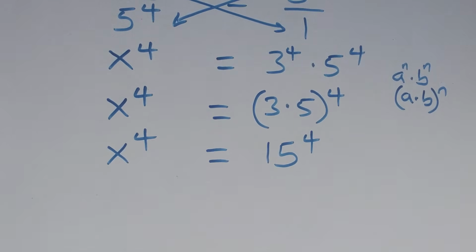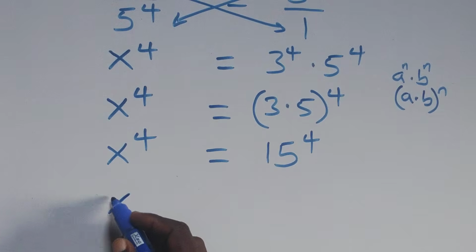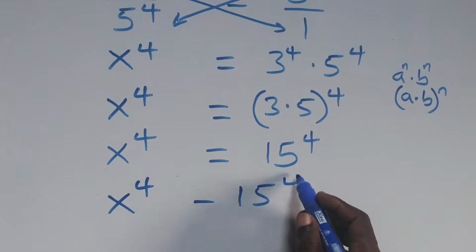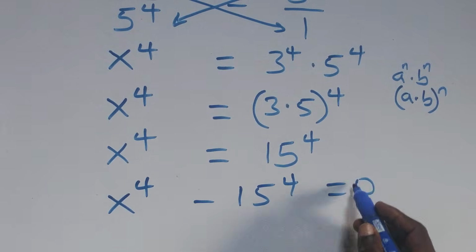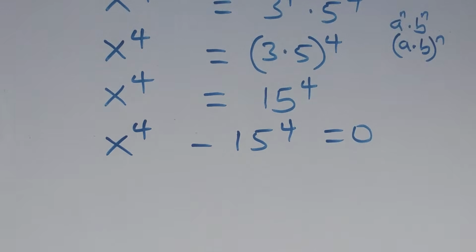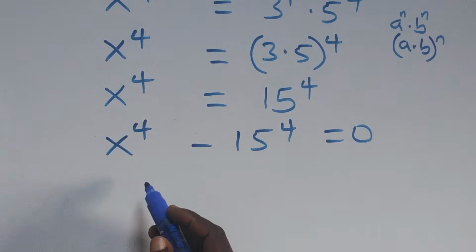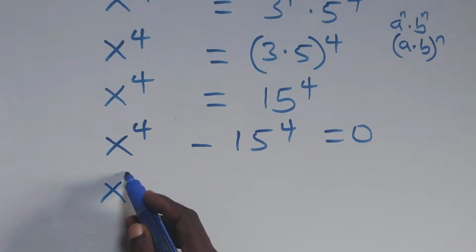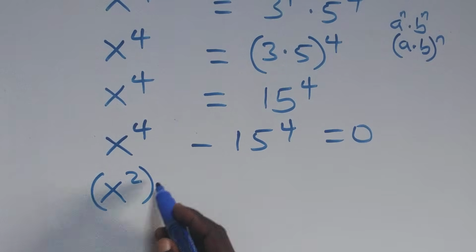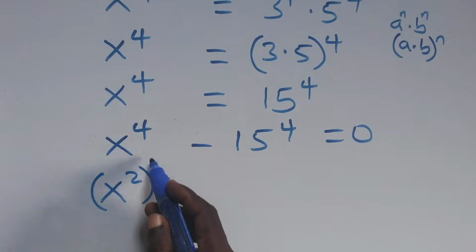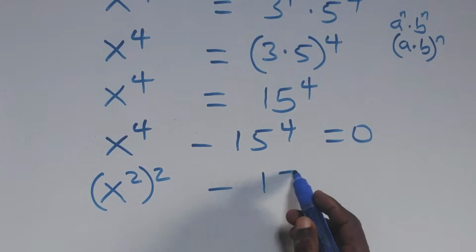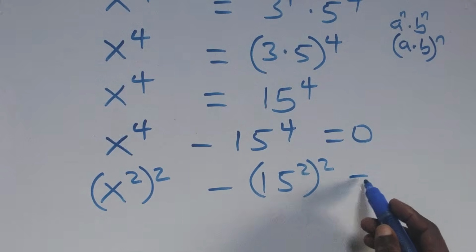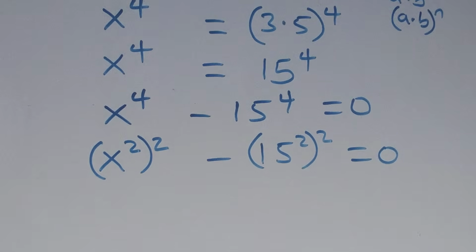Take the right hand side to the left hand side, and we have x raised to power 4 minus 15 raised to power 4 equals 0. And 4 can be separated as 2 times 2, which implies we have (x square) all square minus (15 square) all square equals 0.